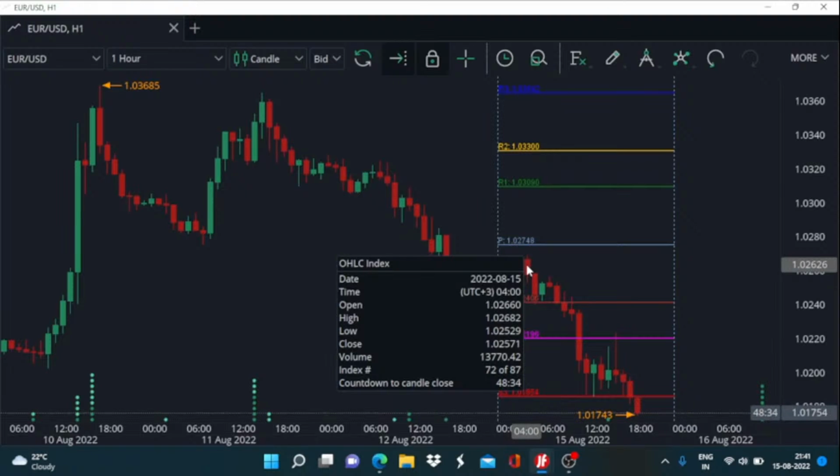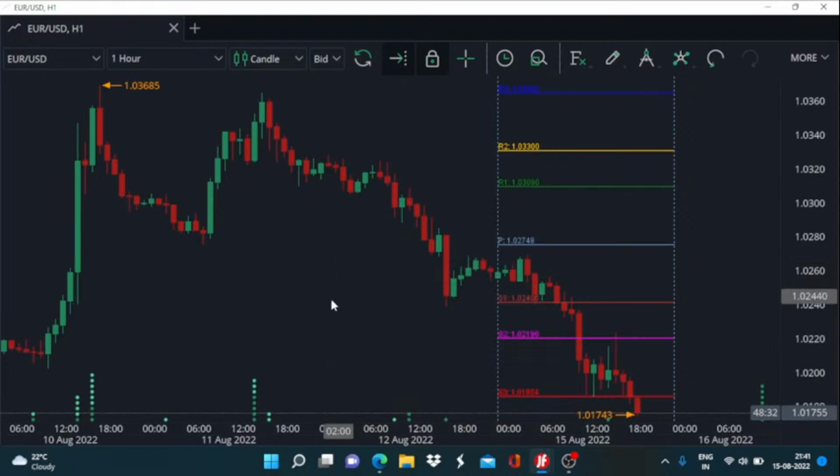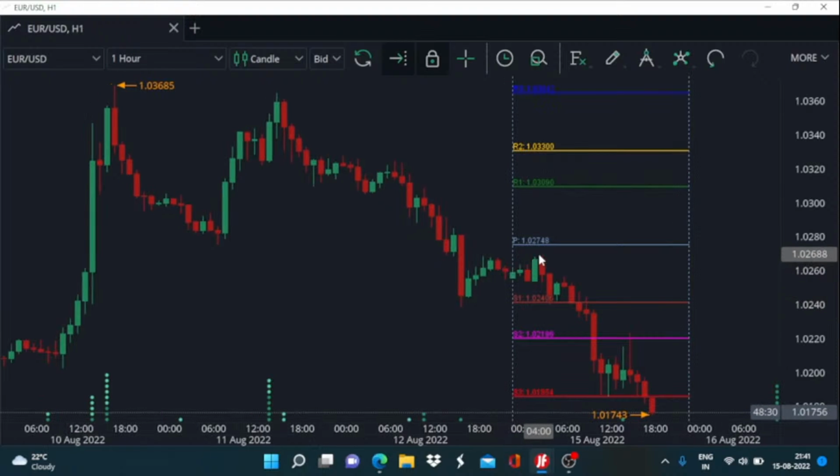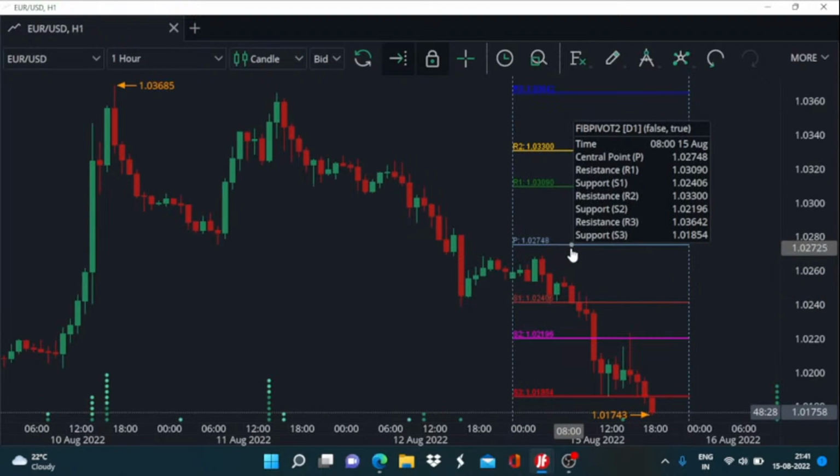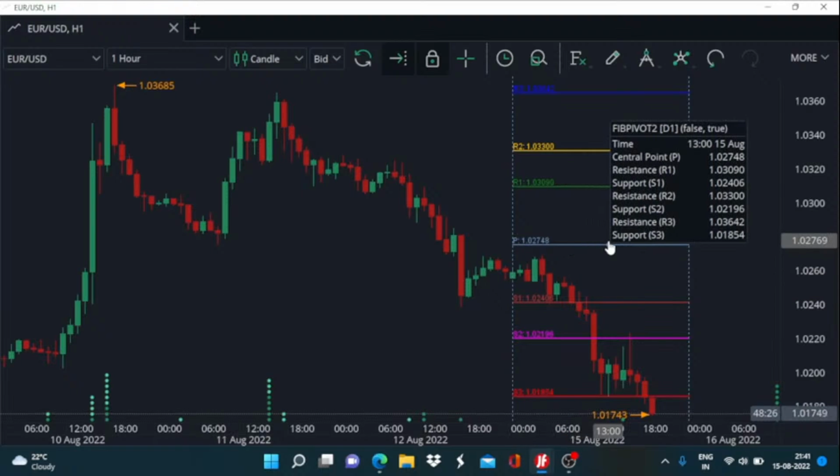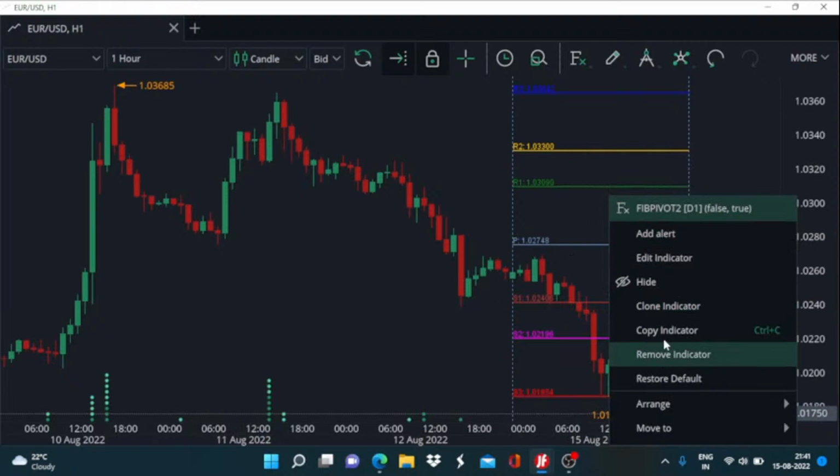So that is the whole purpose behind this indicator's formation, that we get the key points which we can use as a dividing factor. If we consider its historical levels, you will see that every day we get these key points, and these are quite easy to calculate.